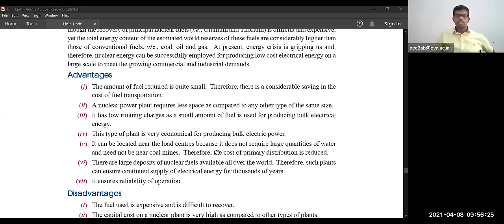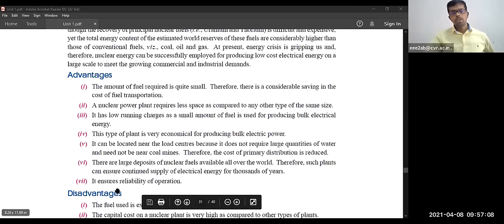Like we wore PPE kits during COVID, those kits will resist the nuclear fission radiation. I think you have seen it in films also. They wear jackets, coats and masks, everything, when handling the fissile material. So that is also a safety measure.